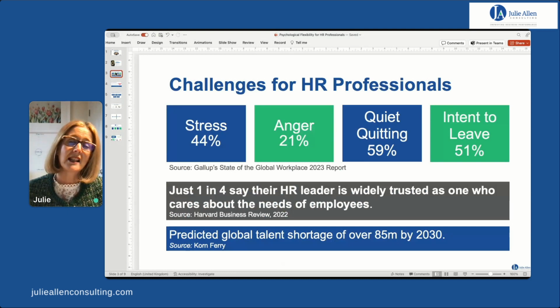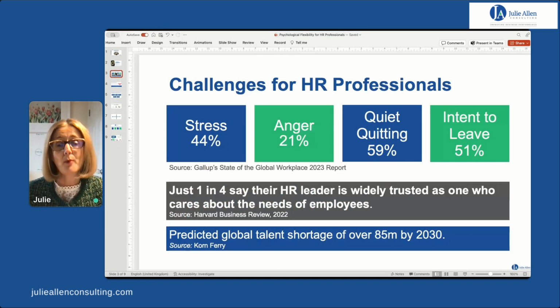But also a survey conducted last year highlighted that just 1 in 4 say that they trust their HR leader, and so widely trusted as one who cares about the needs of the employee. So there's a real lack of trust, not just in HR managers, but also in managers and organisations. Also put that within the context of research that predicted back in 2018 that there would be a global talent shortage of over 85 million by 2030.